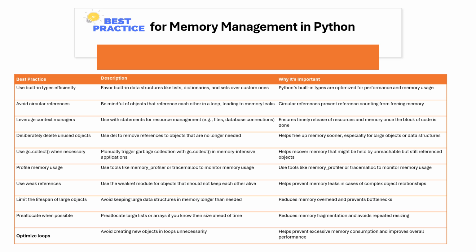Keeping large data structures in memory for too long can cause overhead. It's better to remove them when they are no longer needed. Also, optimize loops. Finally, we should avoid creating new objects in loops when we can. This helps prevent excessive memory use and improves performance.